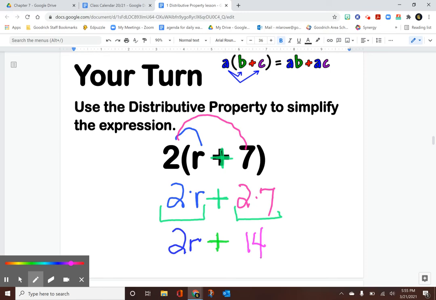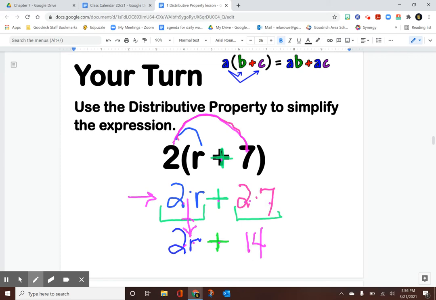So we were going to multiply 2 times r, which looks like that, plus 2 times 7, which looks like this. 2 times r has a simpler way of looking, just 2r, because that means multiply as well, plus 2 times 7 is really just a 14.